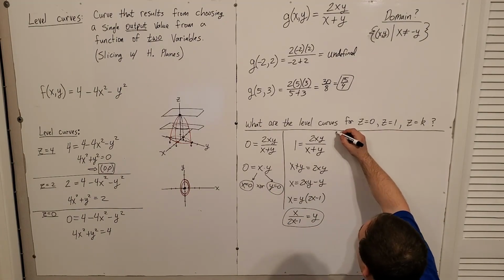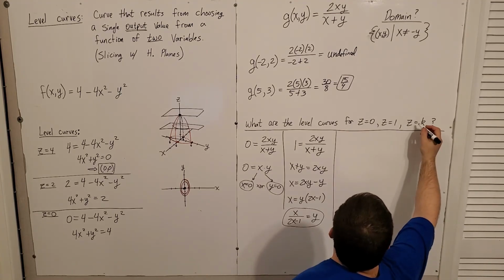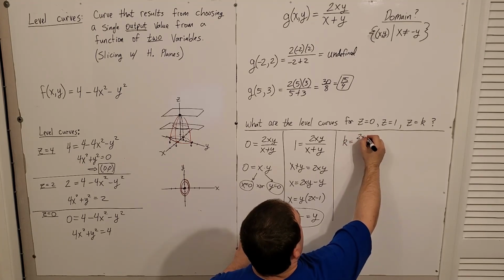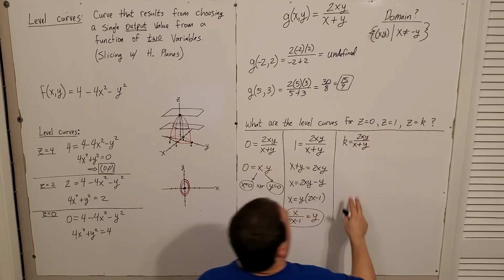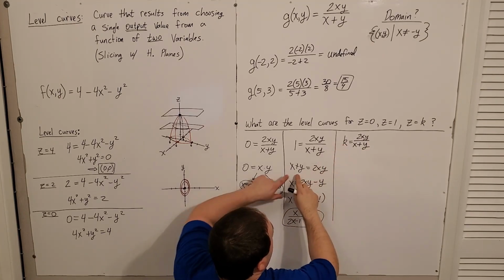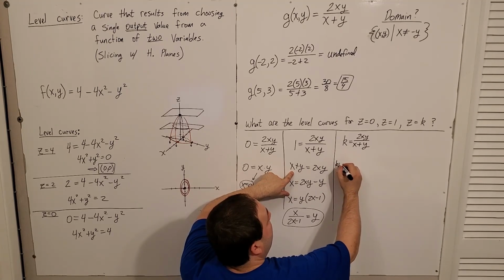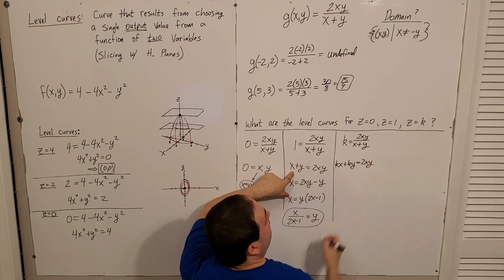And then let's get the generic one here. Where z equals k, I'll have k is equal to 2xy over x plus y. I'll multiply the x plus y over just like I did here, but it's times k this time. So I'll have kx plus ky equals 2xy.